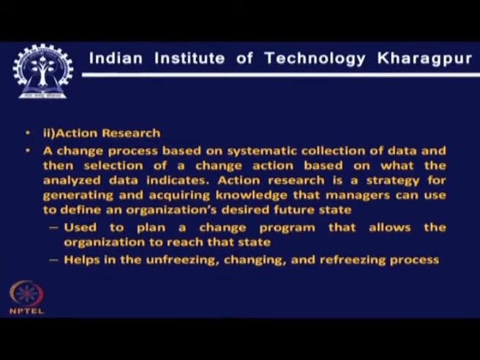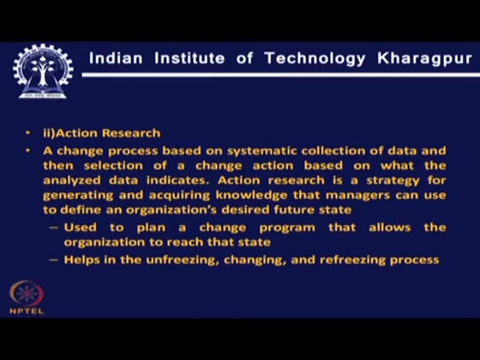Next is action research. It is a change process based on systematic collection of data, and then selection of a change action based on what the analyzed data indicates.